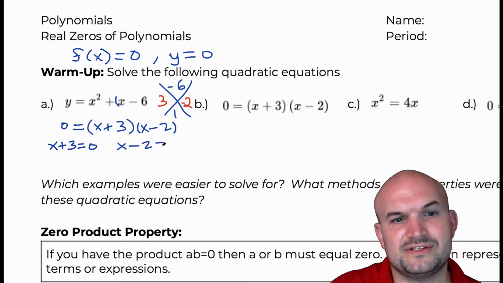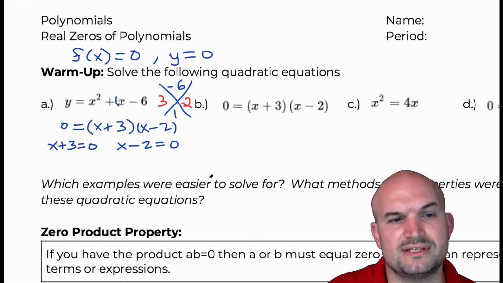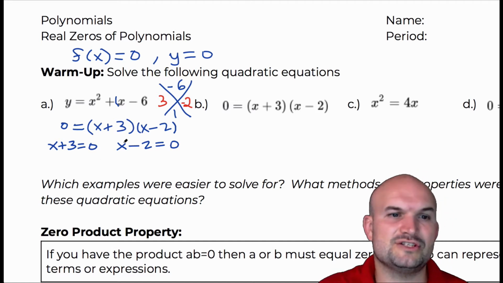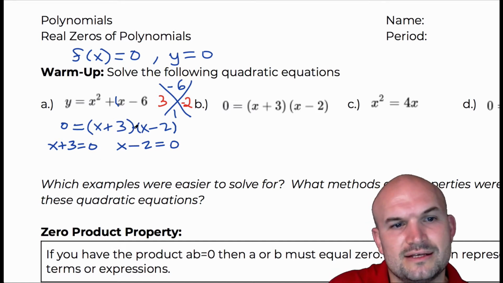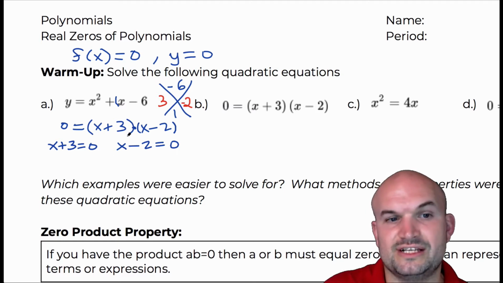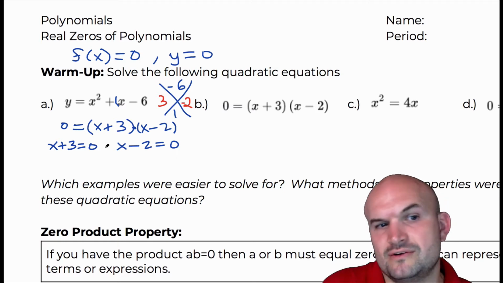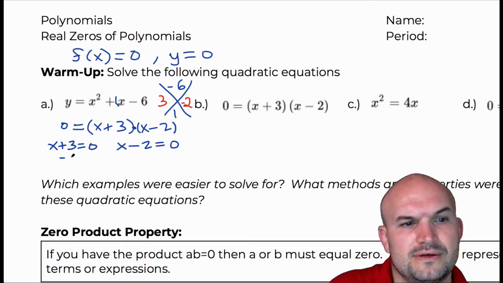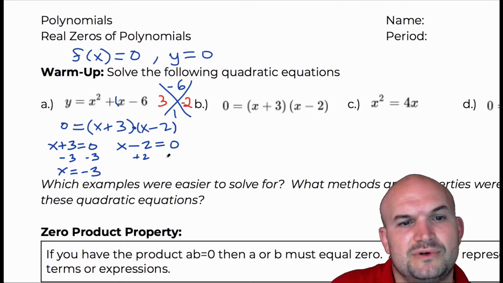What's nice about the zero product property, which I'll talk more about in a second, is that since each expression is now equal to 0, you can just solve using inverse operations. So we have x equals -3, and then add 2 to both sides, and x equals 2.